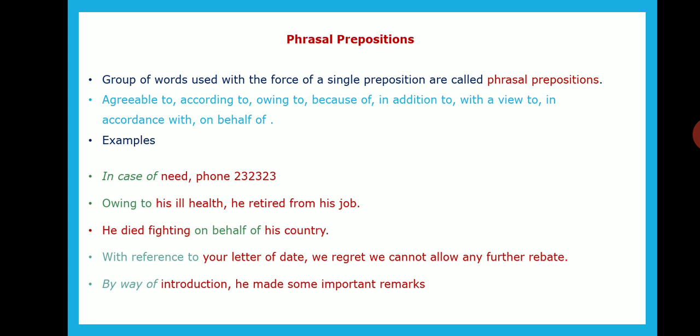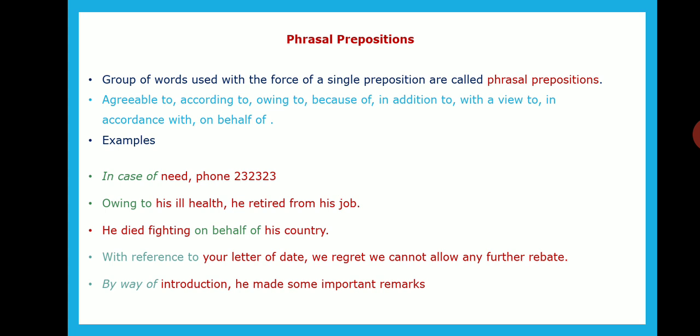They may be a phrase as such. Phrase in the sense 2 words, 3 words, it can be 4 words also. So examples are agreeable to, according to, owing to, because of, in addition to, with a view to, in accordance with, on behalf of. All these are what prepositions?